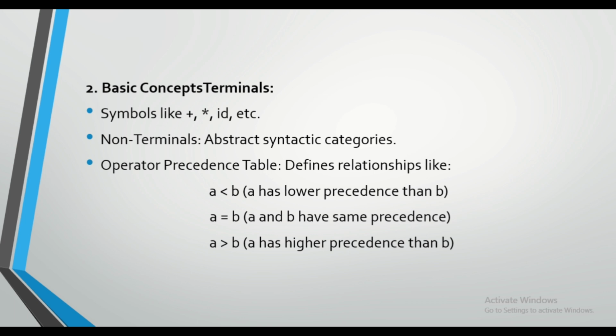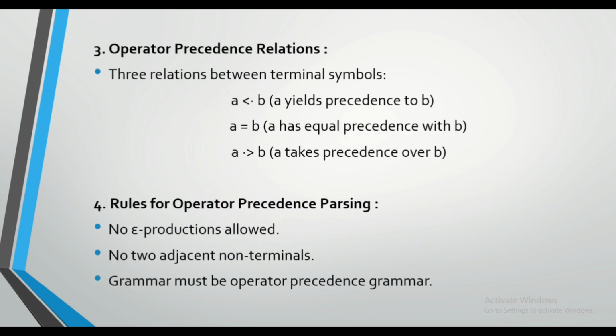Let's go with the next slide. This is slide number 4, operator precedence relation. Here, the first point is operator precedence relation. There are three relations between terminal symbols. Where A is less than B, A yields precedence to B, which means shift the operator. If A is smaller than B, then you have to shift the operator.